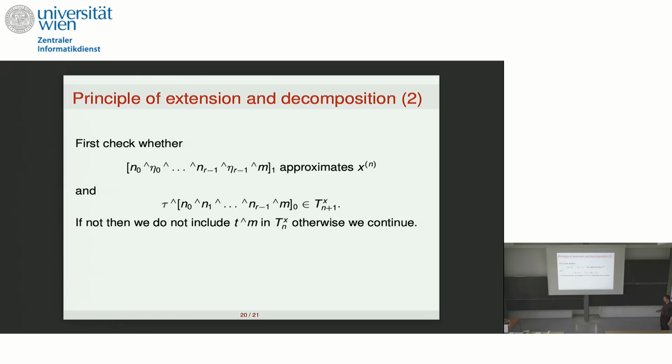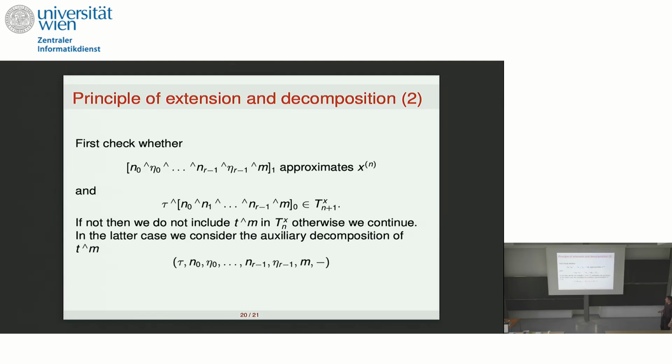If these two conditions are satisfied, we continue, and we consider an auxiliary decomposition. This is just a temporary decomposition, which may be the final one or not, it depends.